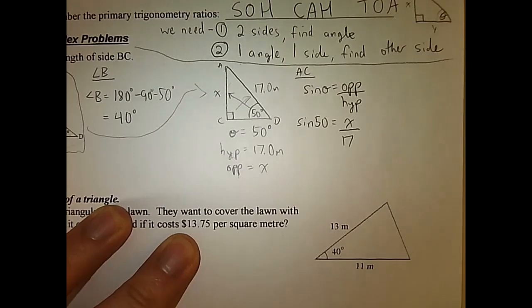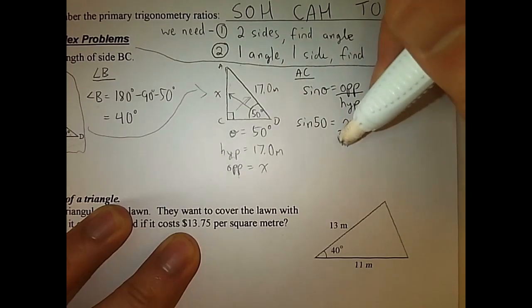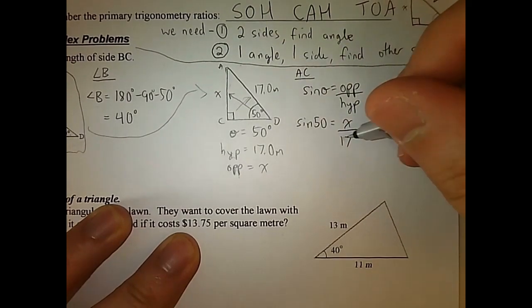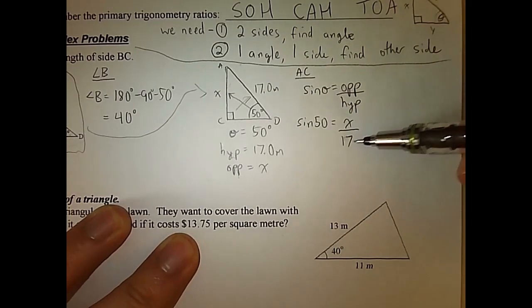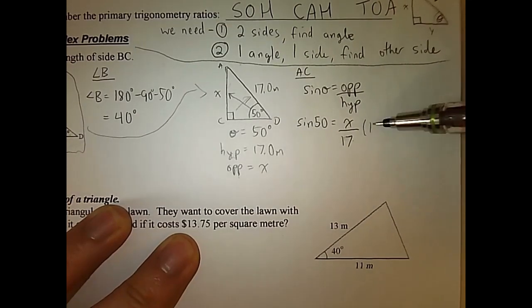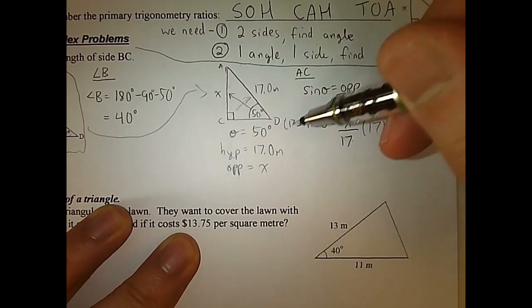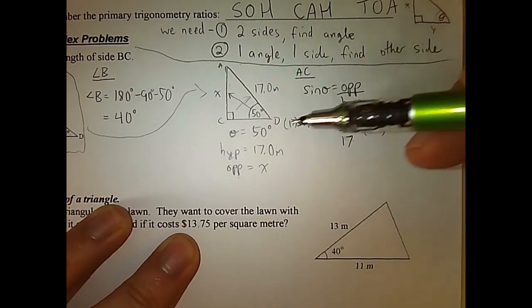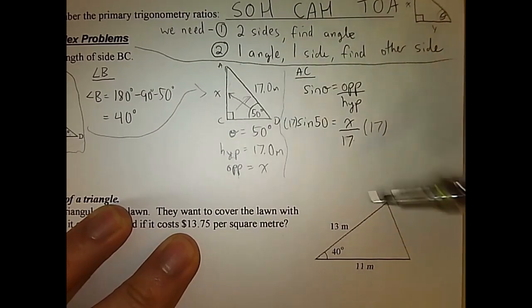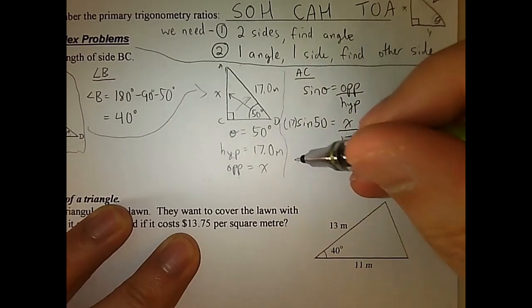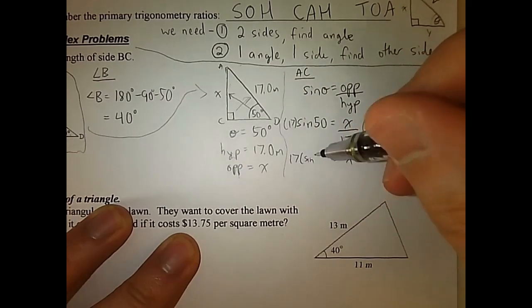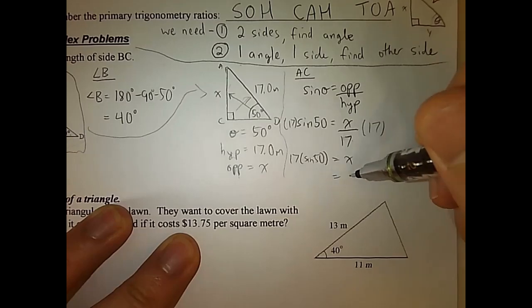So now, well, how do I get the x by itself? Well, I see a fraction, and I see the number on the denominator. I'm going to multiply both sides by 17. Just going to do that. So then I get x is equal to 17 times sine 50, which I would just write into my calculator.